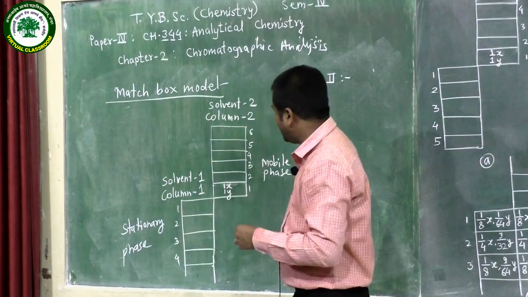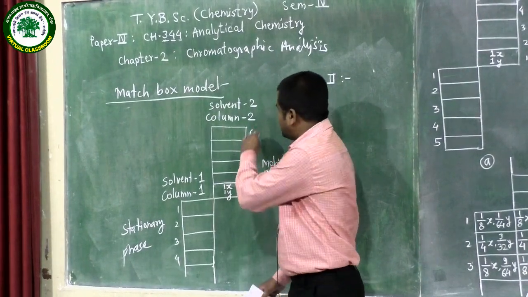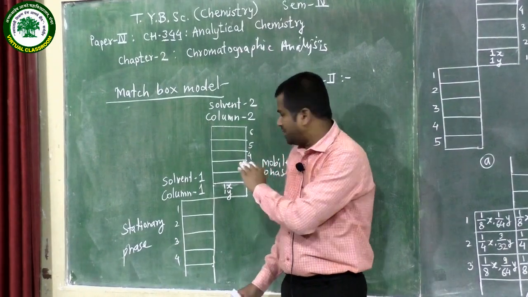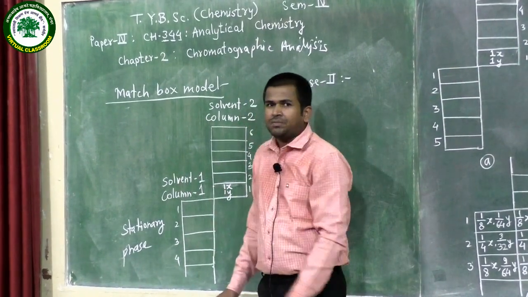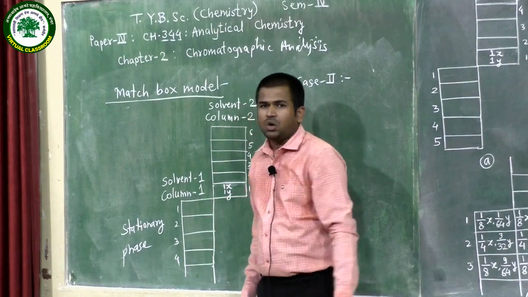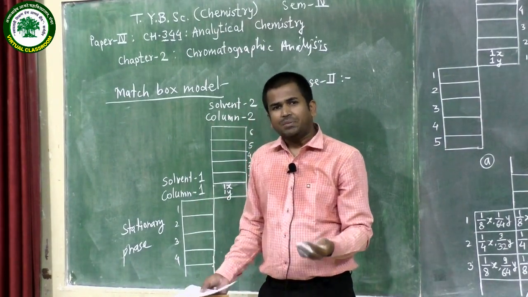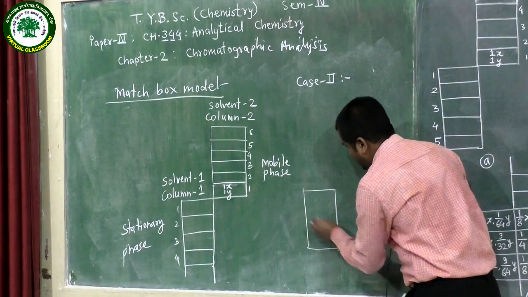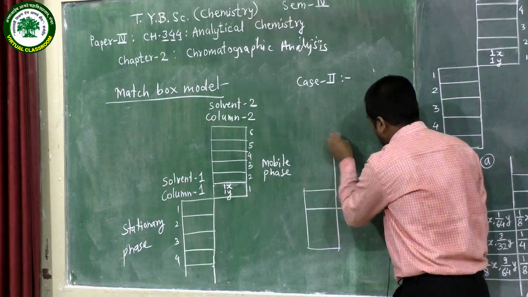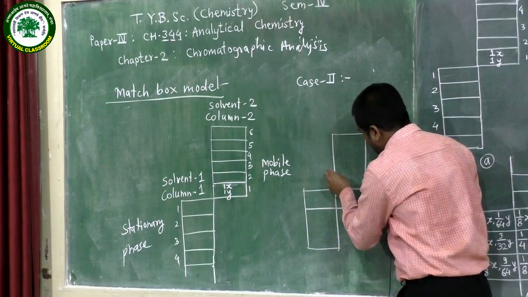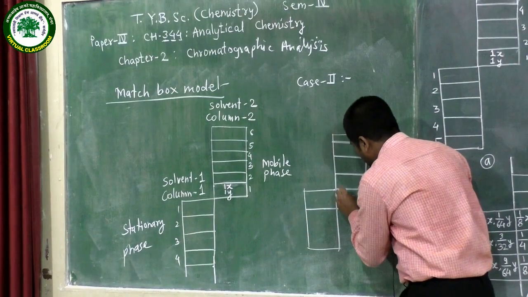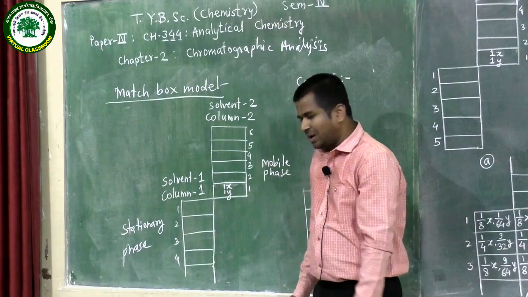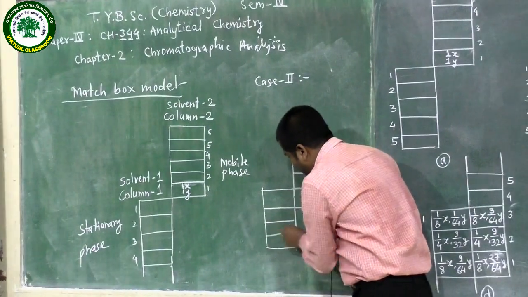So when we go on adding boxes of solvent 2 on column 2, the solutes remain in solvent 2, but the mixture does not get adsorbed or dissolved in solvent 1. At the last we get the mixture of X and Y like this. Suppose we add one box of solvent 2 over column 2; here we get 1X, 1Y. Nothing will dissolve into solvent 1.